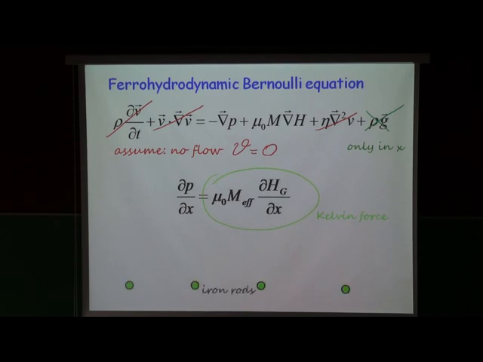Now we have here the iron rods. The iron rods are creating such a kind of magnetic induction, and we assume now that the height of the ferrofluid, if we don't propagate these iron rods, is proportional to this field.